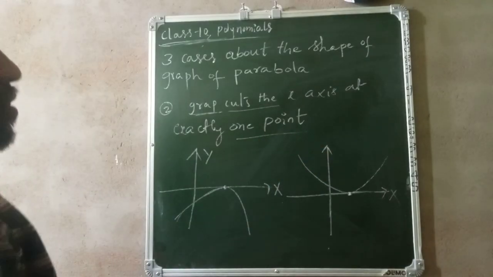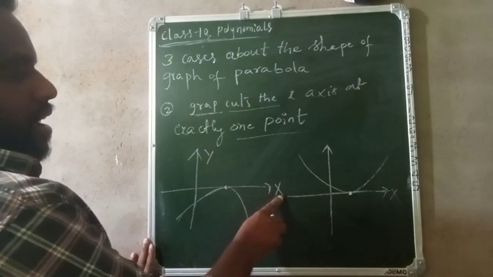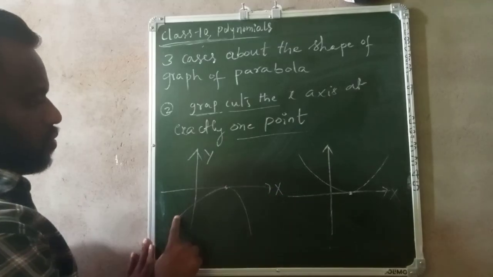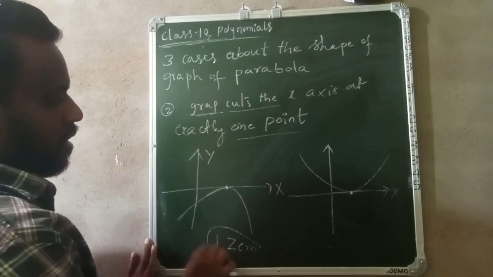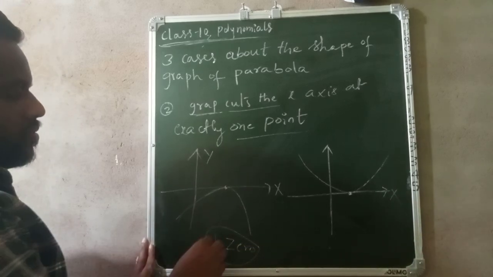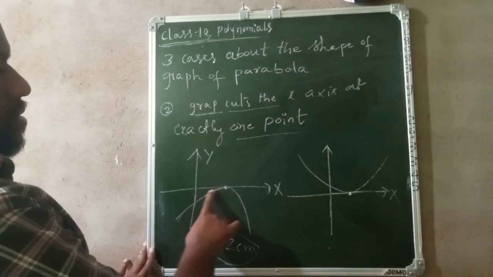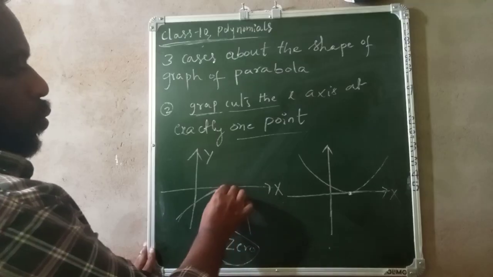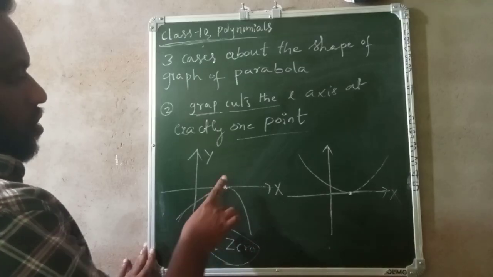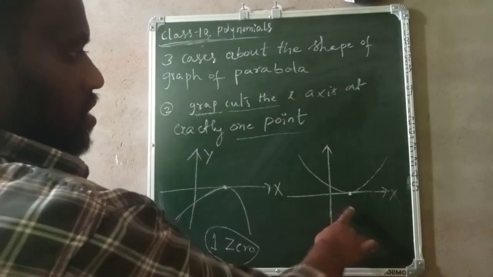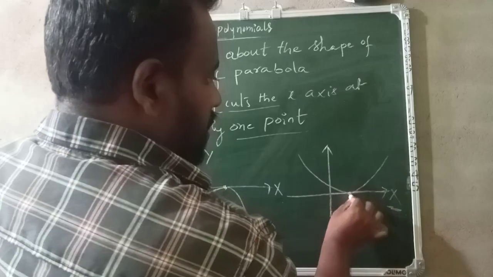Correct? So since this curve is cutting the x-axis at only one point, this curve has 1 zero. Only 1 zero it has. Okay. Why only 1 zero? Because this curve is cutting the x-axis at only one point.